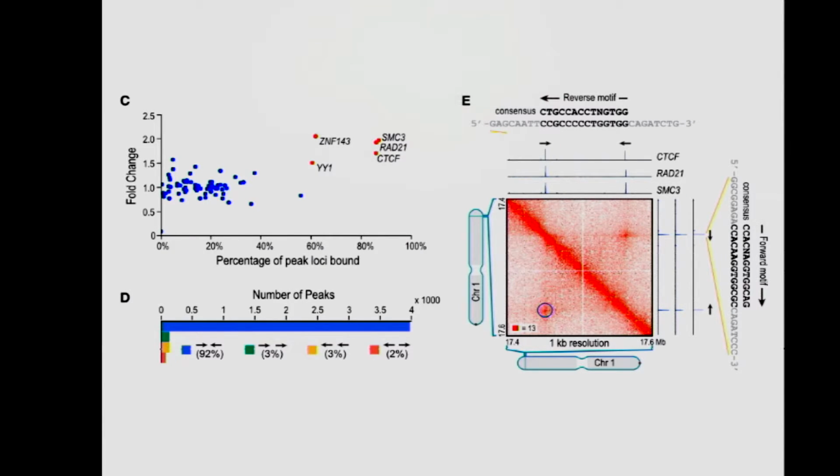If you look at all of these peaks now and look at the ones that have CTCF binding sites in pairs and ask, okay, how many of them are convergent, so facing each other, versus other orientations? 92% of these strong loops have CTCF sites at either end in this convergent orientation.